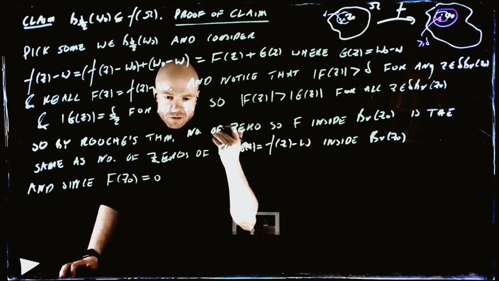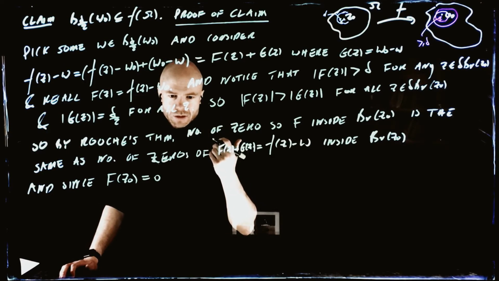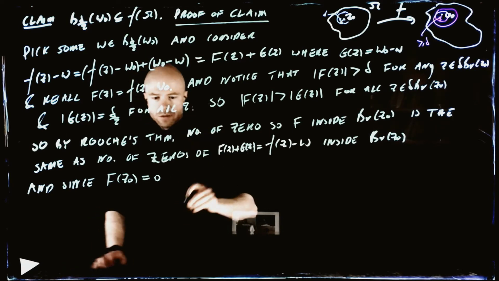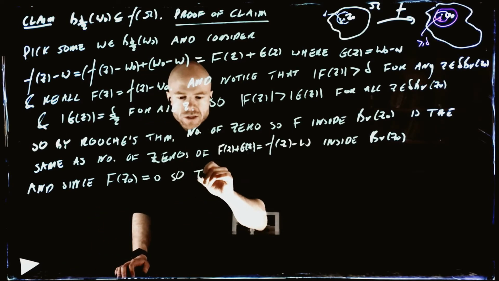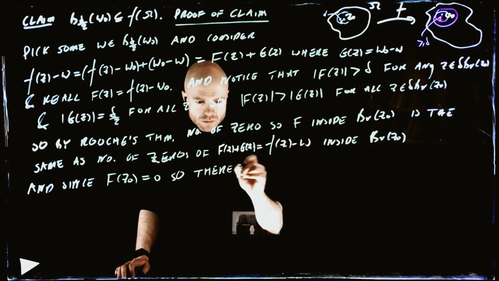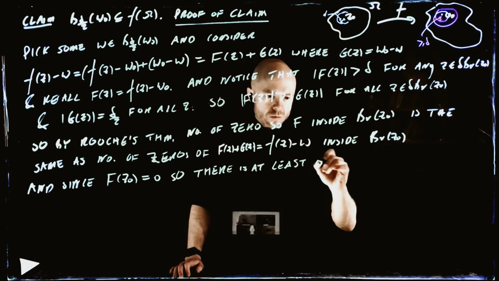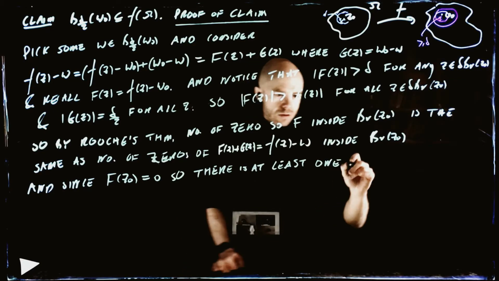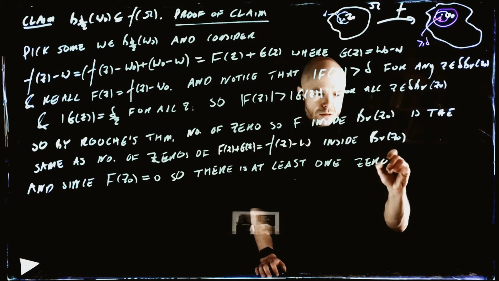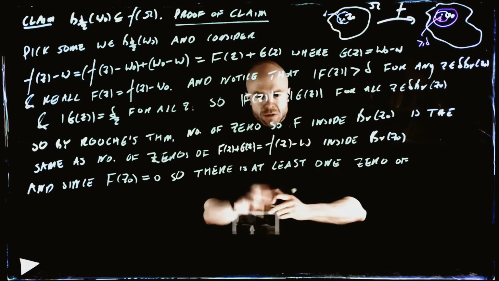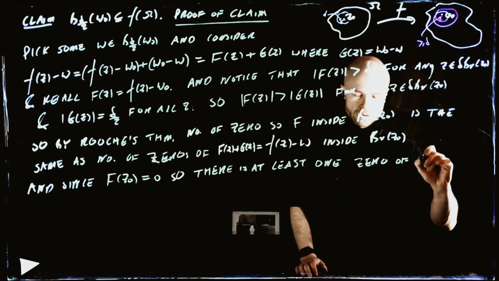Is zero, right? That's how we set things up, yeah? So by definition, there is at least one zero of capital F plus capital G, i.e. of this thing.